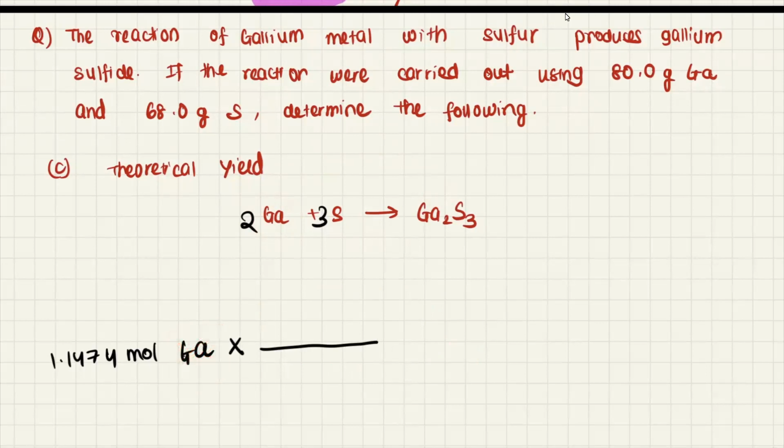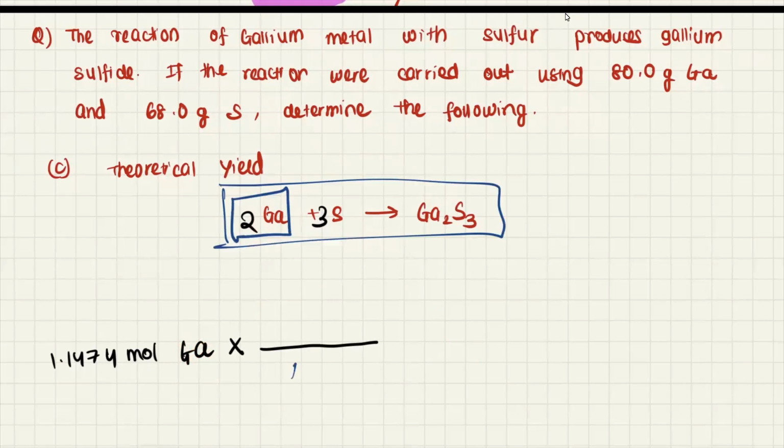So on the bottom, we are going to choose the one from the balanced chemical equation. So we will take the 2 Ga and put it on the bottom. And on the top is whatever we are trying to find, because we are trying to find how much gallium sulfide is going to be forming. So we'll just write Ga2S3. And because there is only one, you can just put one there.